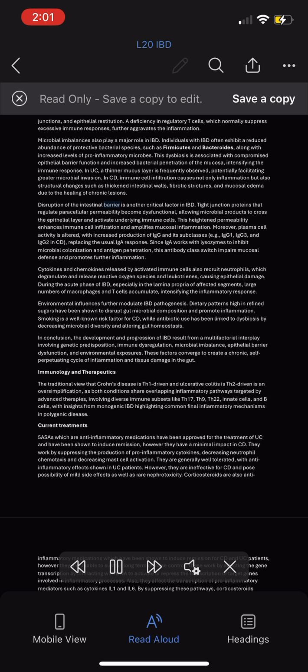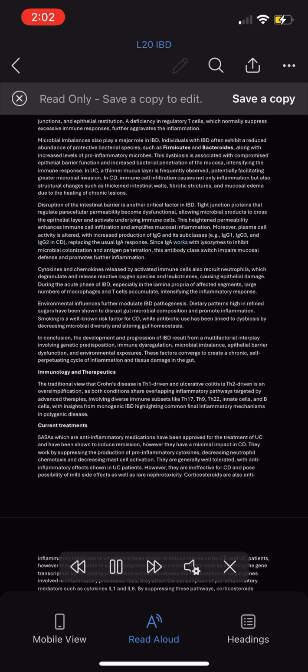Disruption of the intestinal barrier is another critical factor in IBD. Tight junction proteins that regulate paracellular permeability become dysfunctional, allowing microbial products to cross the epithelial layer and activate underlying immune cells. This heightened permeability enhances immune cell infiltration and amplifies mucosal inflammation. Moreover, plasma cell activity is altered, with increased production of IgG and its subclasses, e.g., IgG1, IgG3, and IgG2 in CD, replacing the usual IgA response.